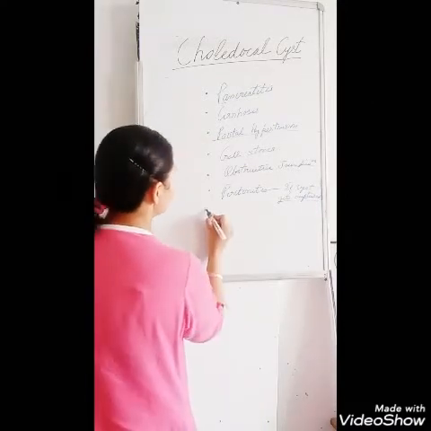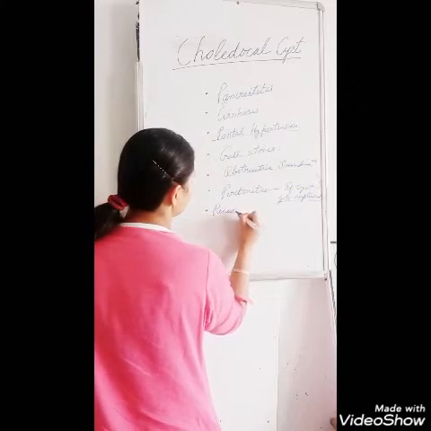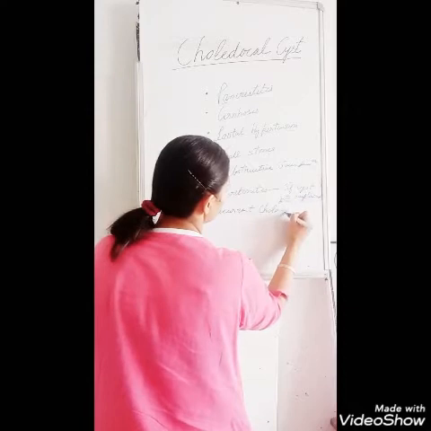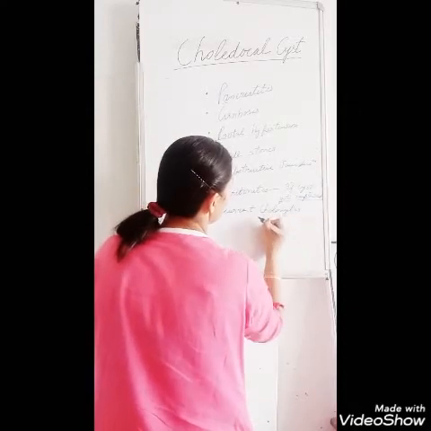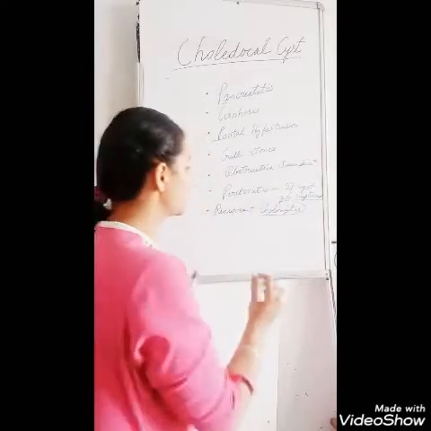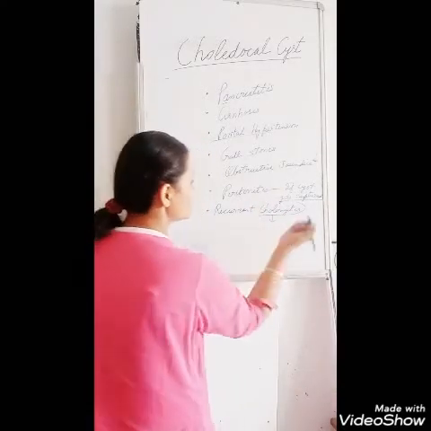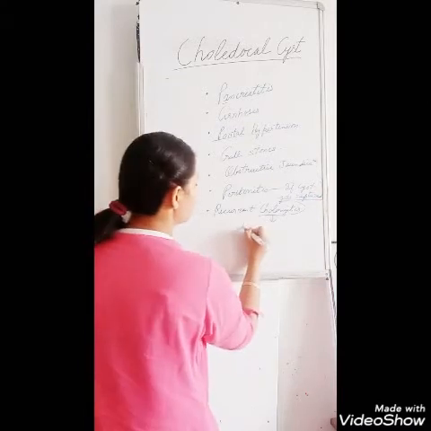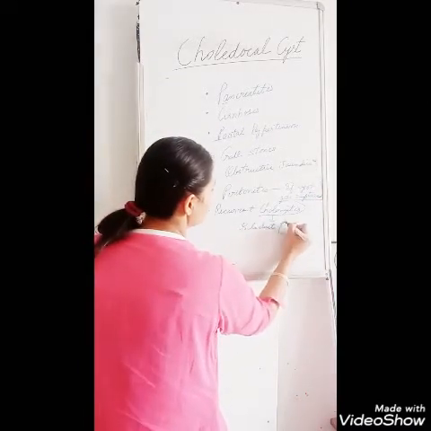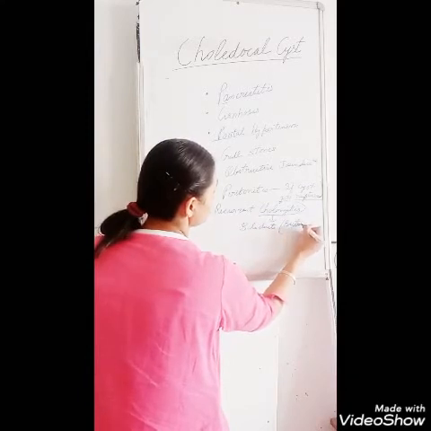Then there could be recurrent cholangitis. In exam that could be asked as a brief question of 5 marks. What is cholangitis? It is the bacterial inflammation of the bile ducts.